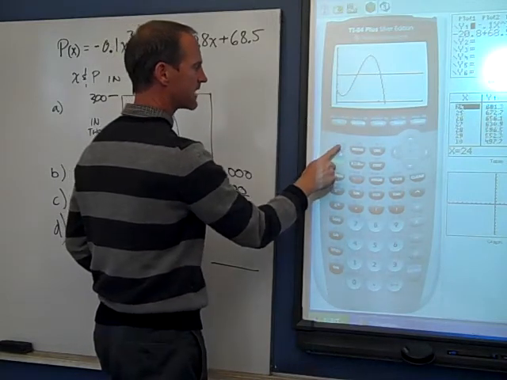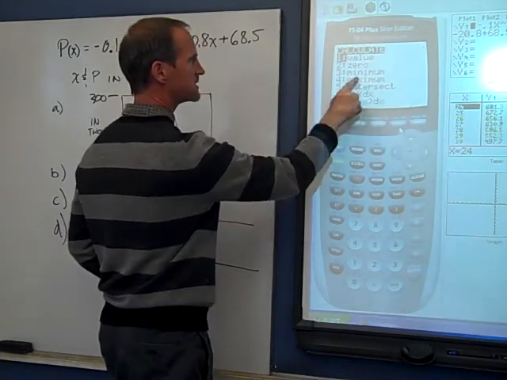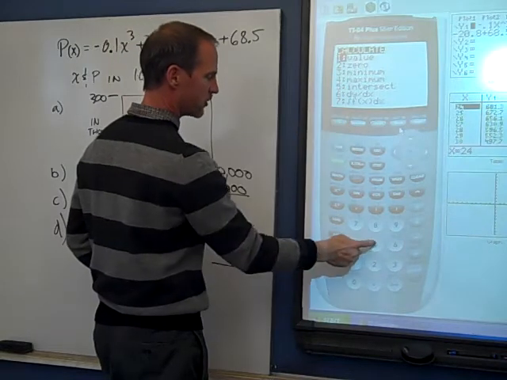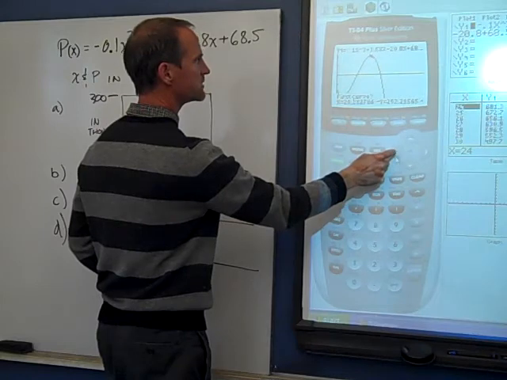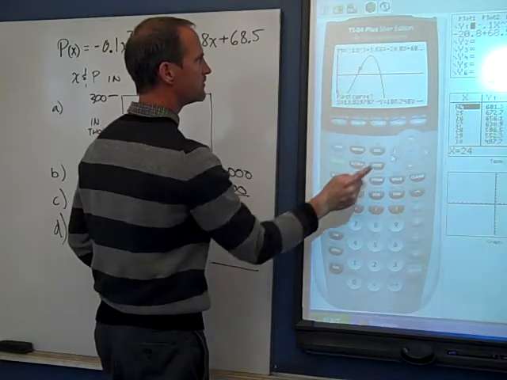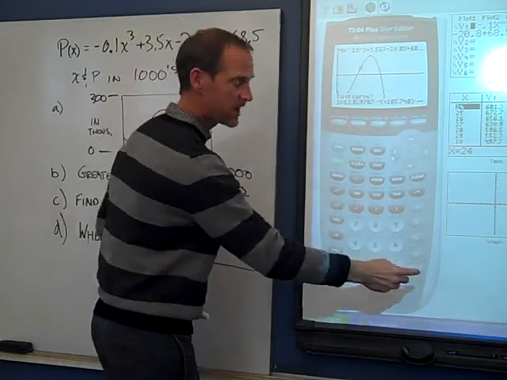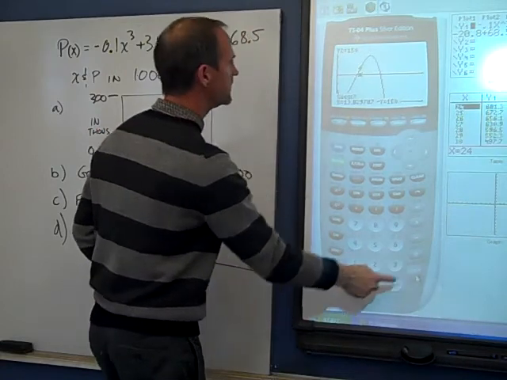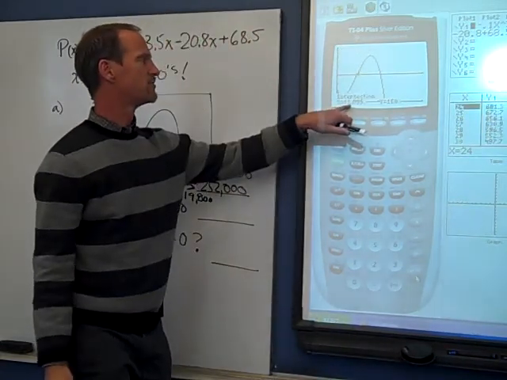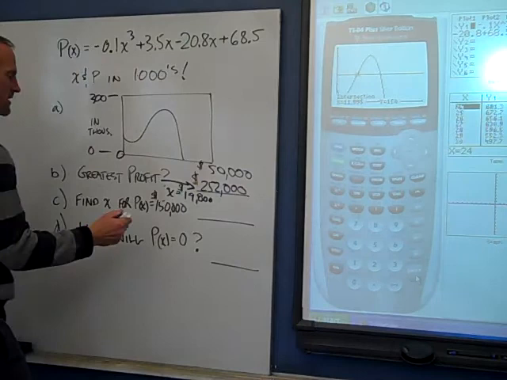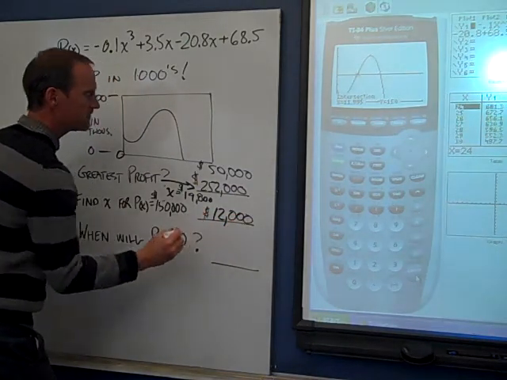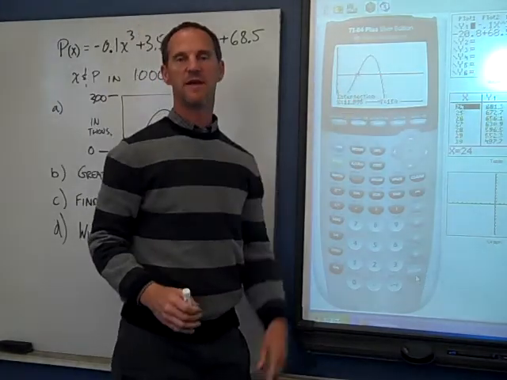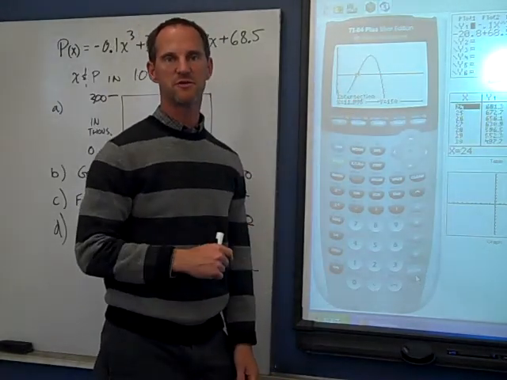Again, if I do second and trace to get to calc, and I do intersect, option 5, and if I steer this over so that it's closer to that point of intersection, I just hit enter 3 times. 1, 2, 3, and there it is at 11.99. So very nearly 12,000 works. Okay. If you found this point, that's fine, unless I specify the smaller of the two amounts.